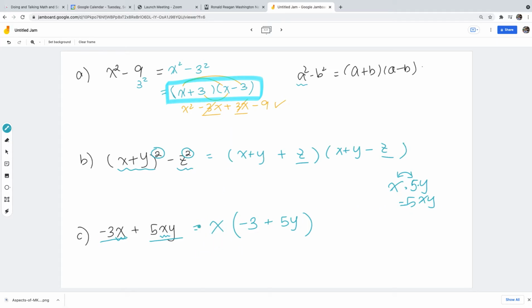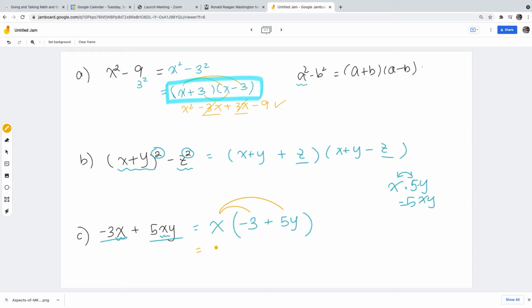So we can factor x out, and what do we have? x times the quantity negative 3 plus 5y. To check your answer, you can always distribute the factor to the terms that were not factored out.